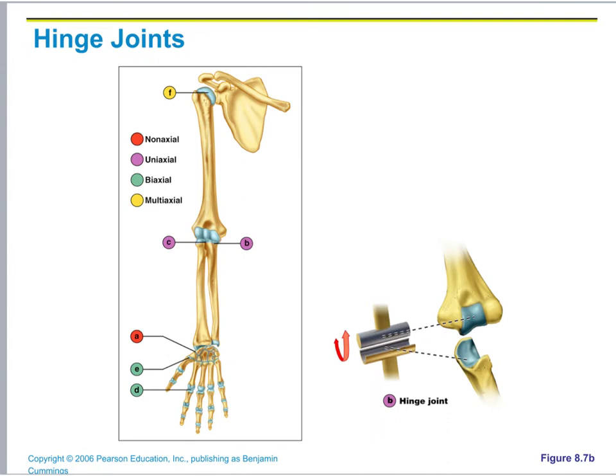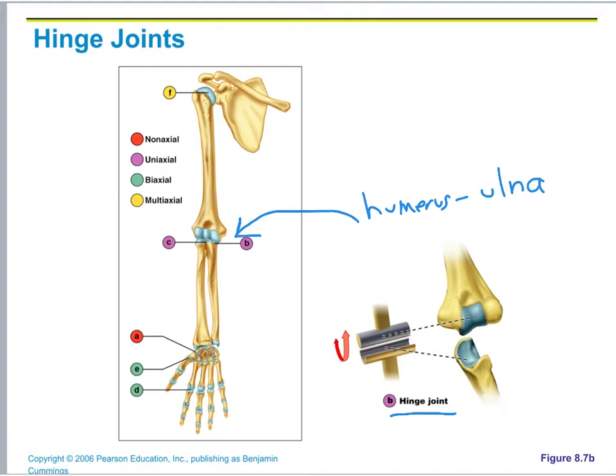And let's get to our picture. So the uniaxial hinge joint here is indicated in purplish, letter B. This is the joint between the humerus and the ulna. When you flex your forearm, that is a hinge movement.